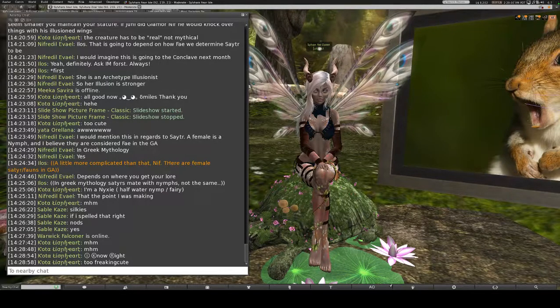Okay, so moving along. The next thing I am going to speak on are the Fae cantrips. Because Fae are elementally based: earth, air, water, fire.